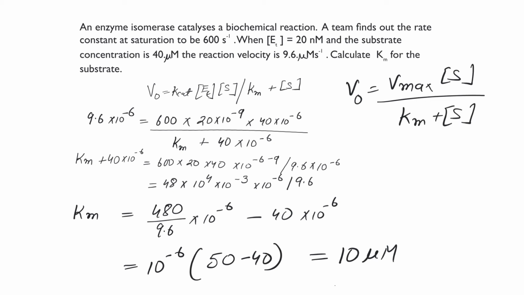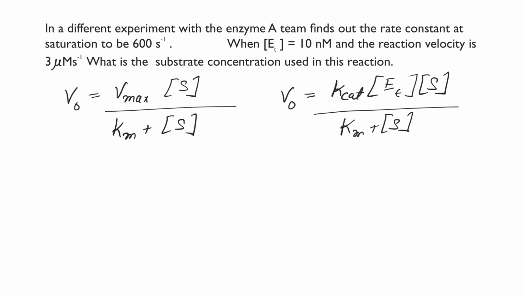Now, based on a similar problem, a similar setup, I have another question so that you can practice. In a different experiment with the same enzyme isomerase, a team finds the rate constant at saturation to be again 600. Remember, the 600 we are talking about is basically our Kcat. We have already calculated Km. So just to help you with this, I have Kcat, I have Km.